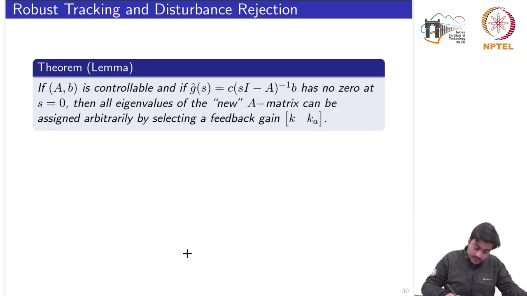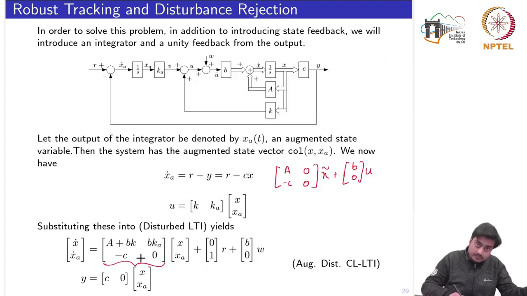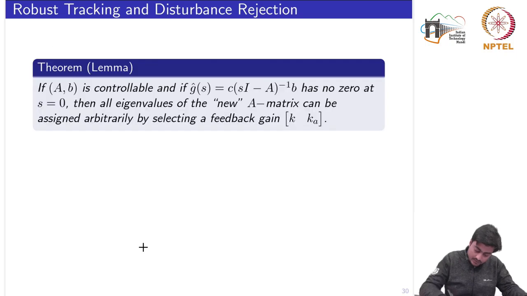Now first recall one of the results which would help us to further design the controller. If the original AB pair is controllable, and if the transfer function of the plant has no zero at s equals 0, or at the origin, then all eigenvalues of the new A matrix, which is the closed loop state matrix, can be assigned arbitrarily by selecting a feedback gain K tilde.